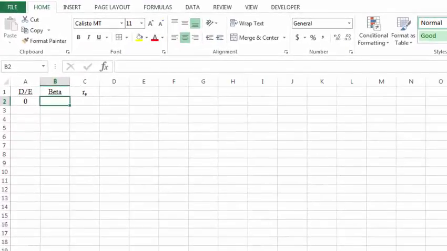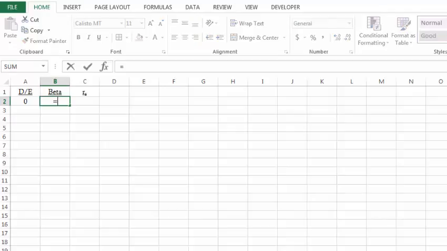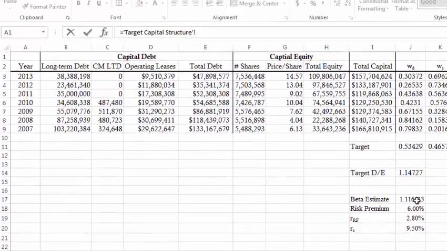So for the D/E of 0, that's the only place where we're unlevered, we're going to say is equal to the observed beta divided by parenthesis 1 plus parenthesis 1 minus 0.35, that's my tax rate, times debt to equity, which is actually that one right there, so I guess I didn't need the other parenthesis after all.